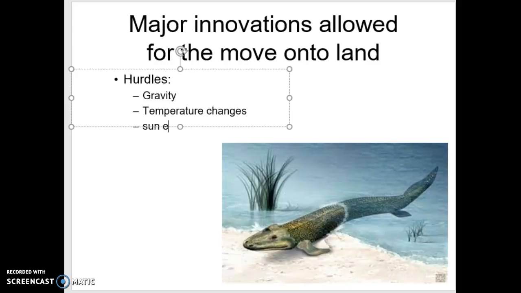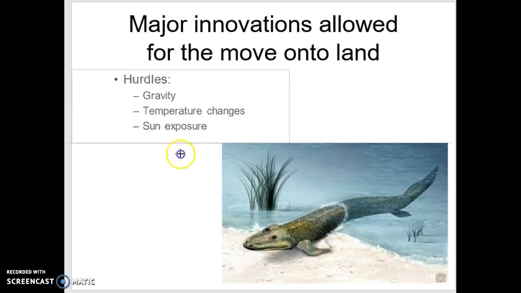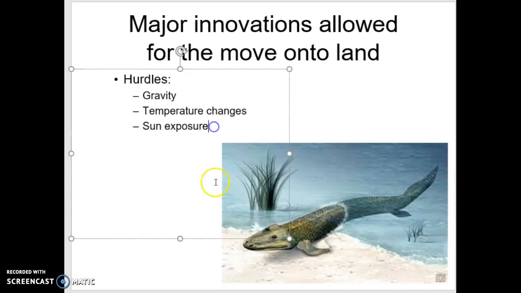Sun exposure. We get a lot more sun when we're on land. There's nothing blocking solar radiation. You don't have water to deflect light rays. So it also increases susceptibility to mutations, genetic changes, because DNA mutates due to solar exposure.